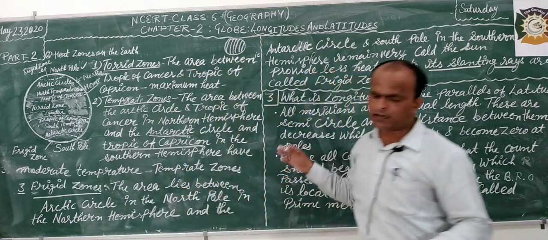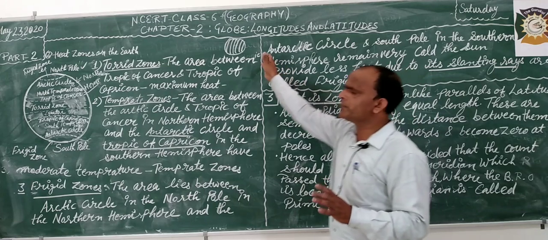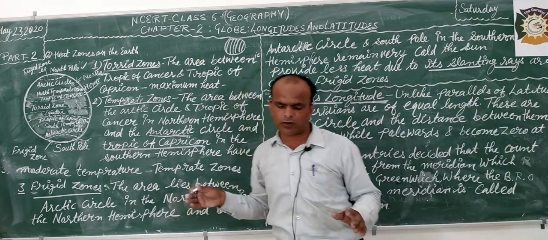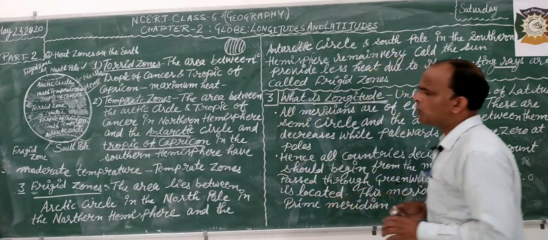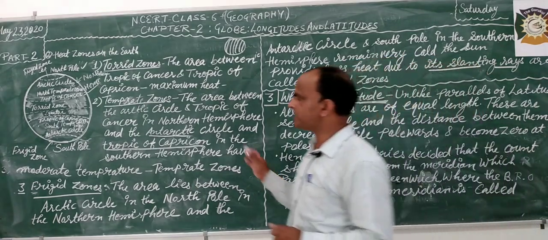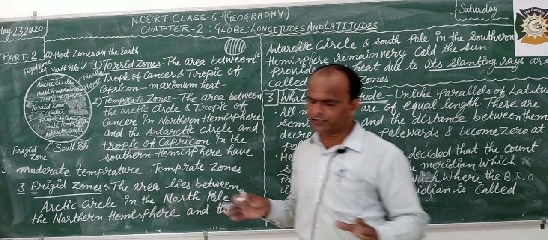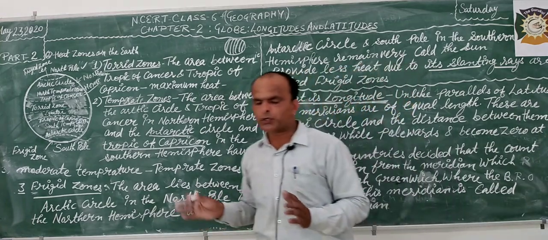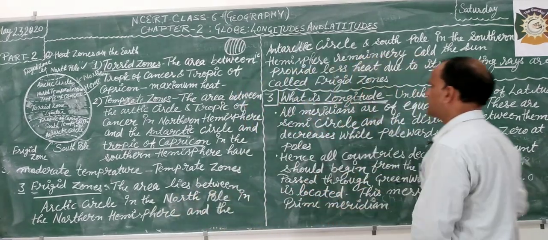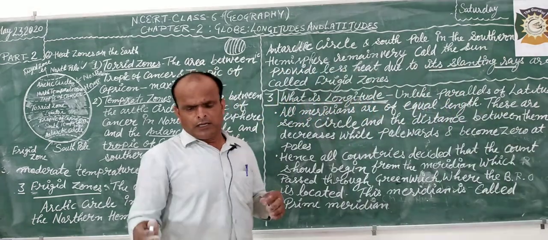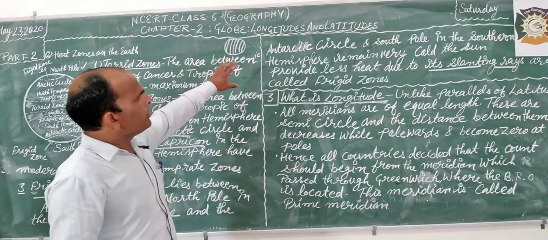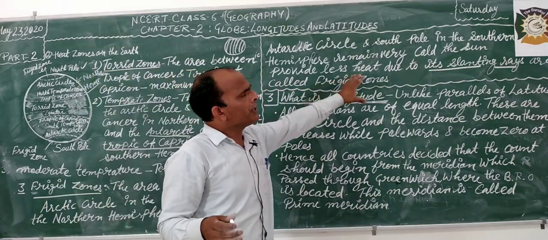So these can be called reference lines, and these are called meridians of longitude. These are measured in degrees.